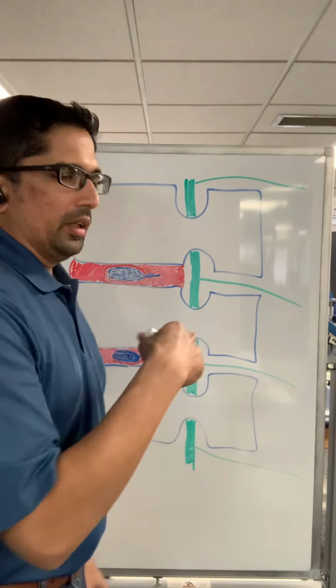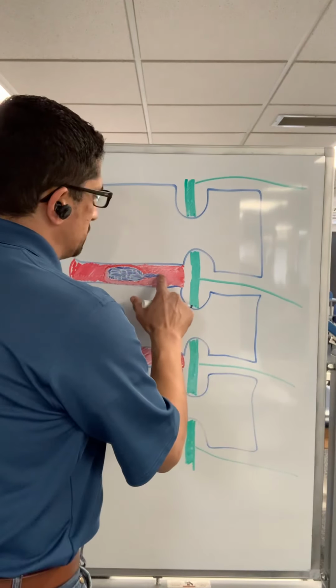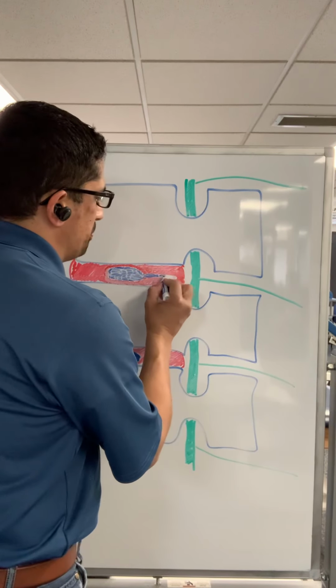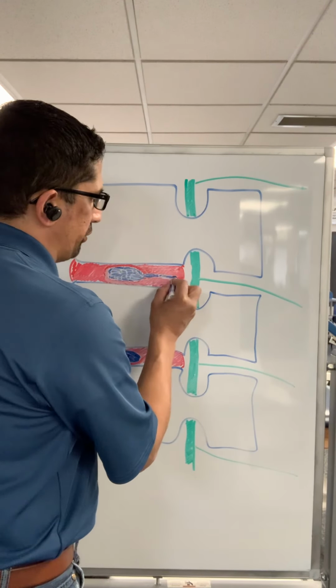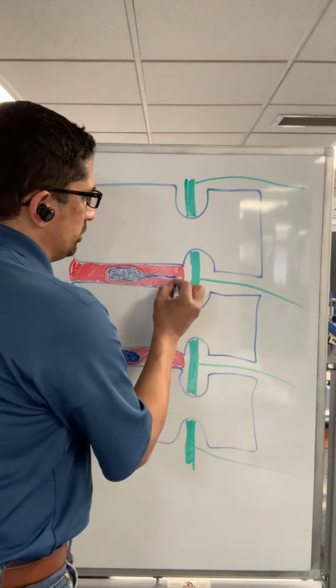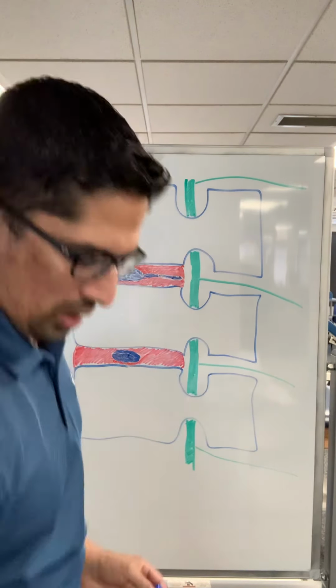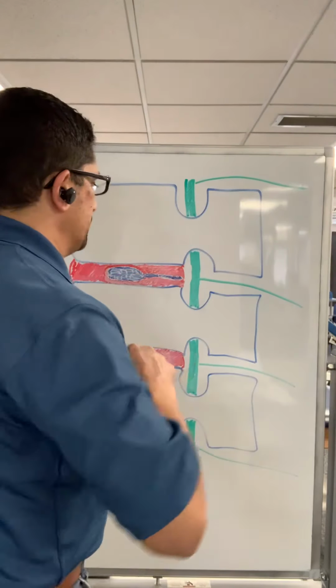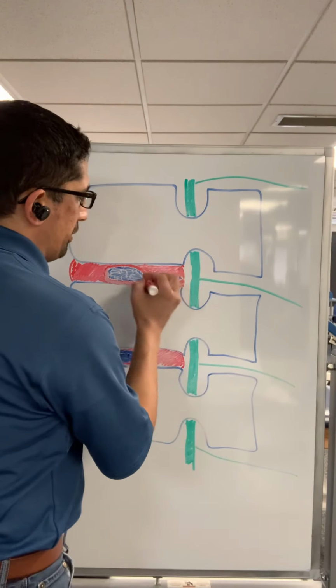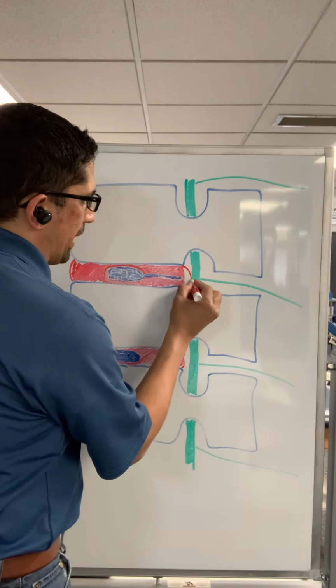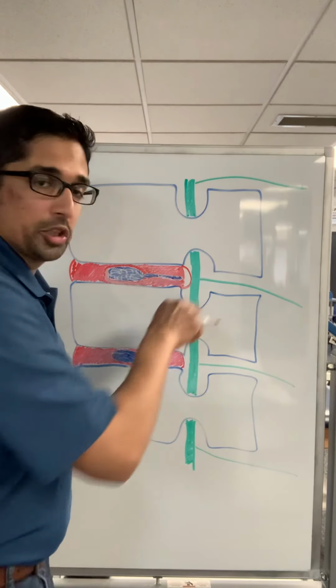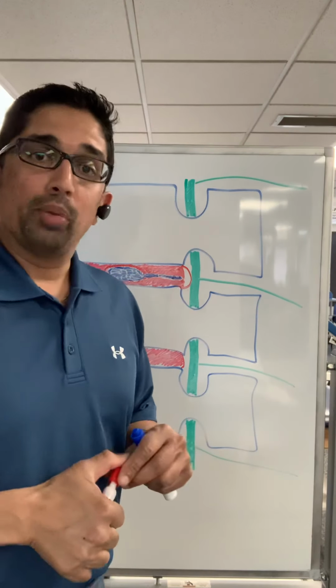Now as time goes on, that herniation gets longer, it gets worse, and it goes farther out. As it goes out toward the outer wall of that disc, the herniation ends up pushing the outer wall of the disc out toward the spinal cord. That is known as a bulging disc.